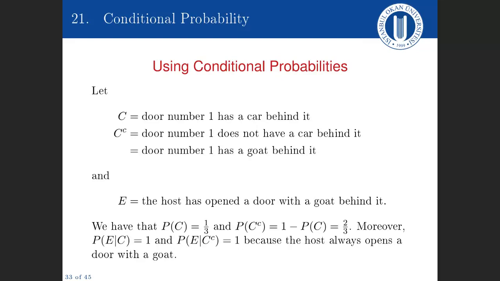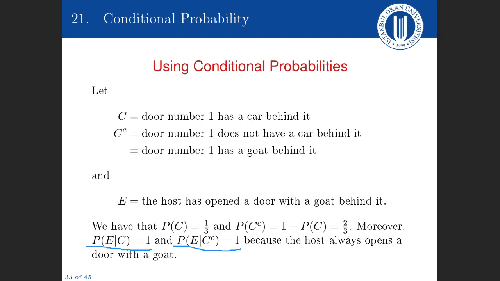If there's a car behind door number 1, what is the probability that the host opens a door with a goat behind it? The probability is 1 because the host always opens a door with a goat behind it. And if there is a goat behind door number 1, what is the probability that the host opens a door with a goat behind it? Again, it's 1. The host always opens a door with a goat.